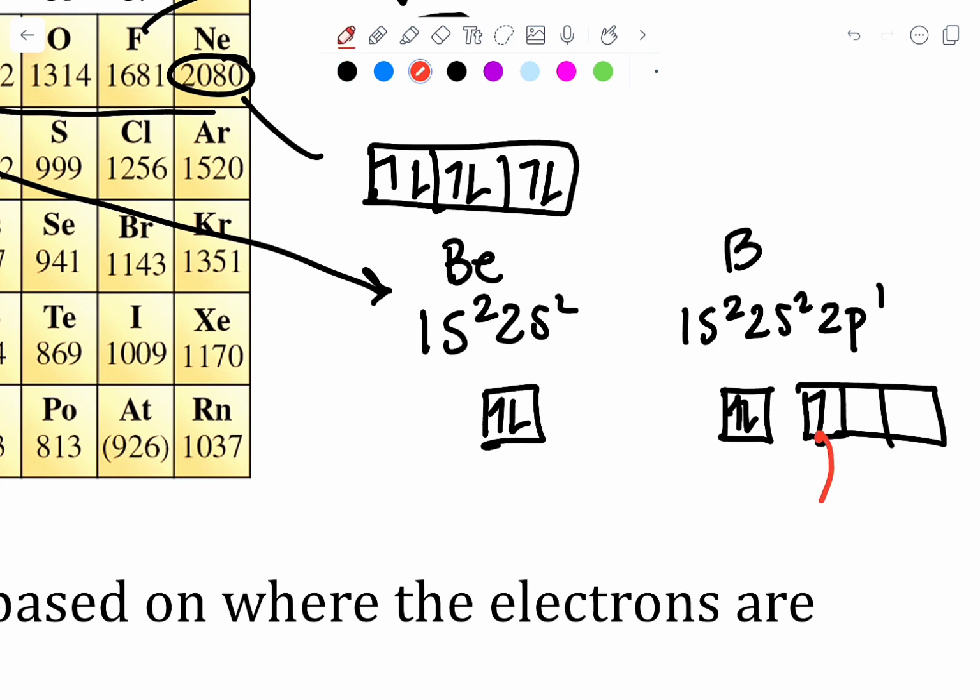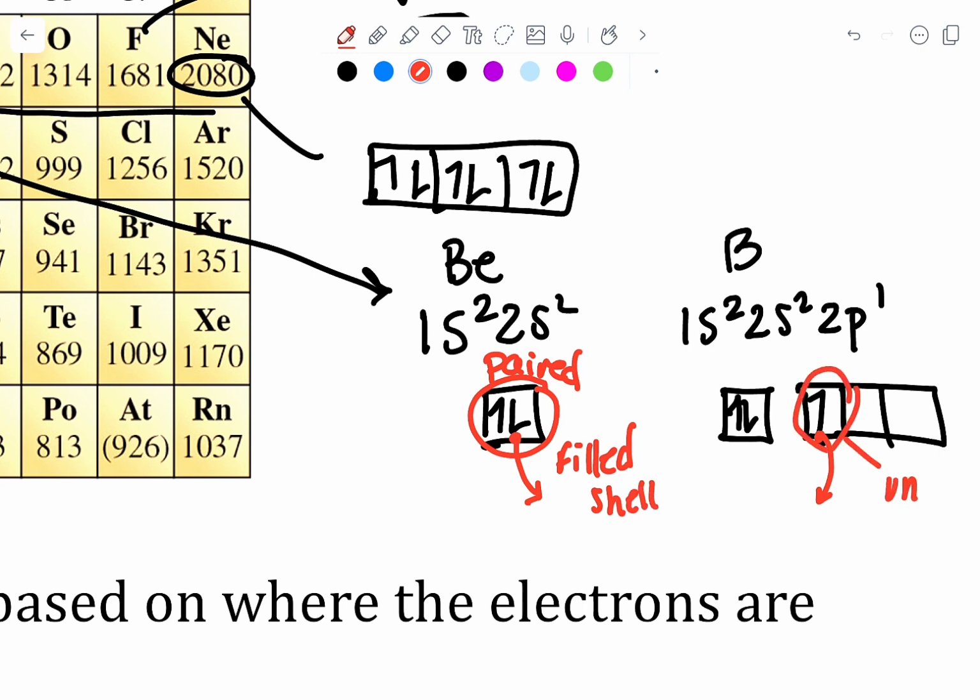So this electron is a lot easier to remove compared to, say, this electron here, because these electrons are paired and in a filled shell, whereas this electron is unpaired and in an unfilled shell. So boron, it would be more energetically favorable to remove this electron so that you're just left with those two electrons paired up in the 2s orbital.